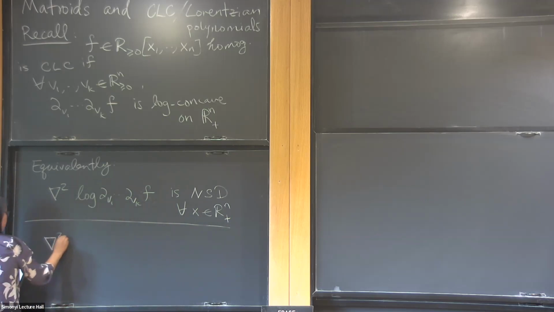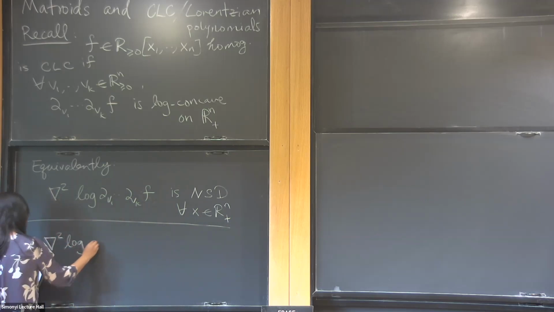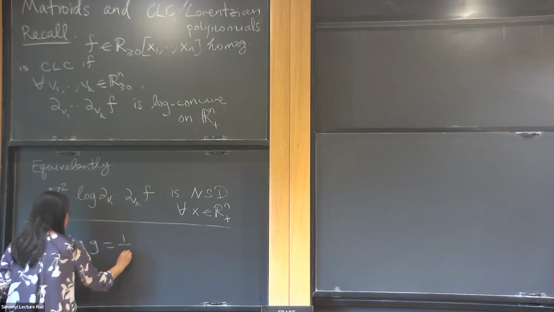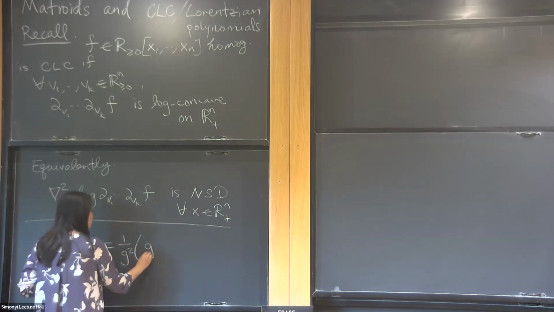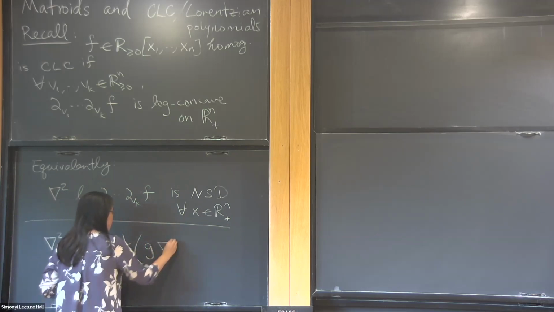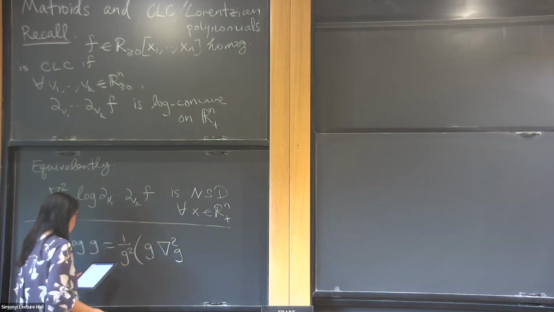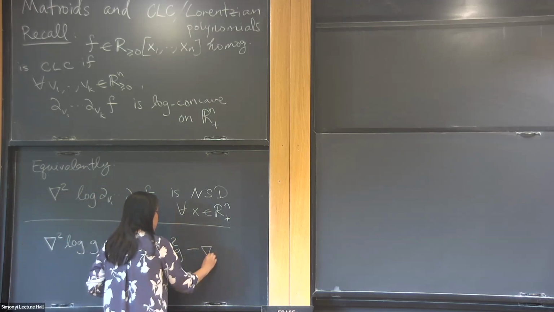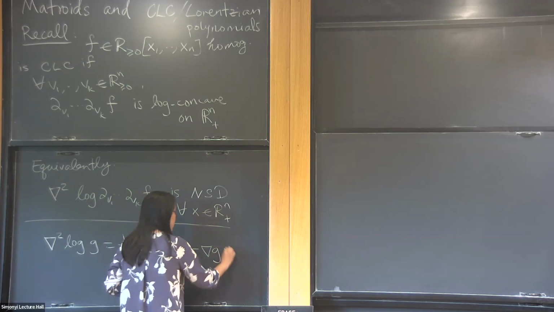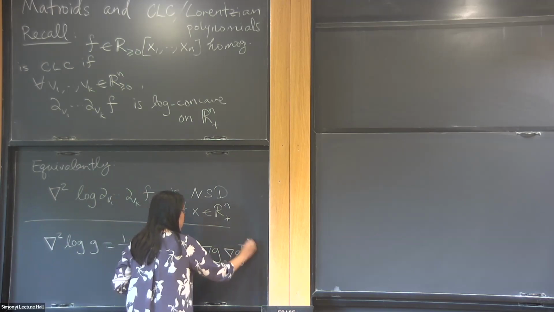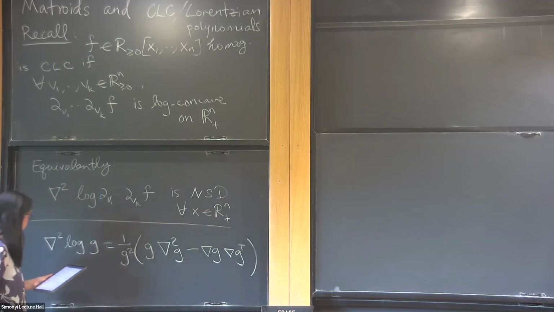We also saw that the Hessian of log g can be written as 1/g squared times g, which is a scalar, times the Hessian of g, which is a matrix, minus the column vector gradient of g times its transpose, which is a row vector.